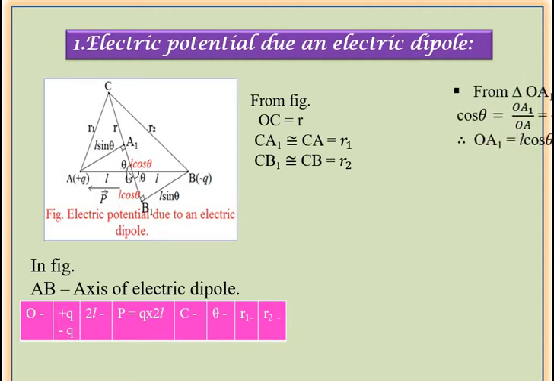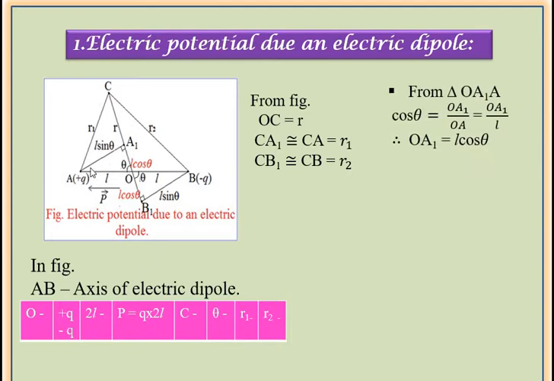From triangle OA1A, cos theta equal to OA1 divided by OA, which is equal to OA1 divided by L. Therefore, OA1 is equal to L cos theta.